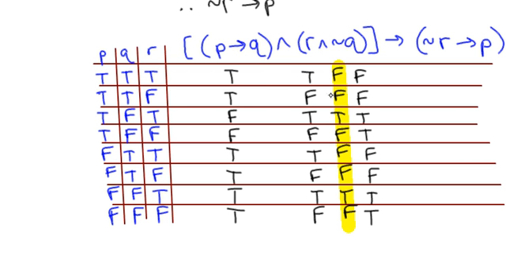For the next part of the truth table, I filled in the truth values for R. So I copied down the R column. I negated Q. And then the conjunction of those 2, I looked for any cases where I had a true and a true. And if it's true and true, then the truth value is true. Everything else is false.